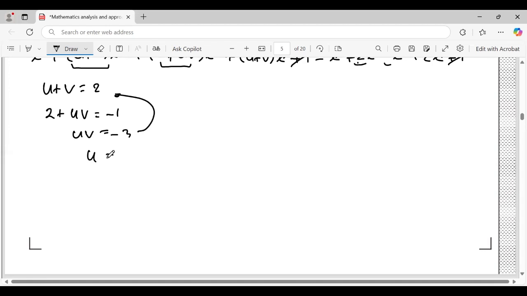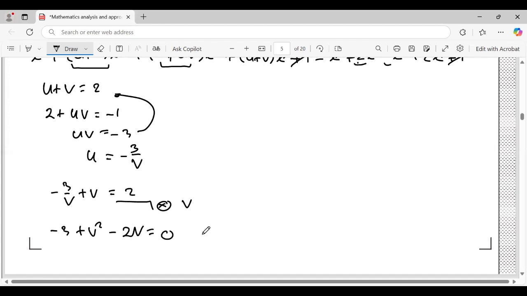So minus 3 over v plus v equals 2. Multiplied by v, it becomes minus 3 plus v squared minus 2v equals 0. And then find v.